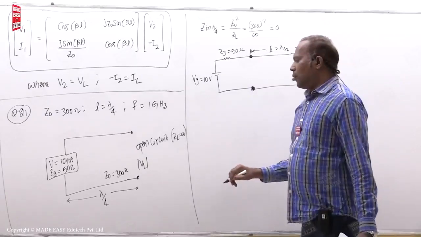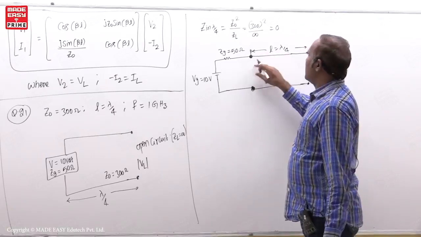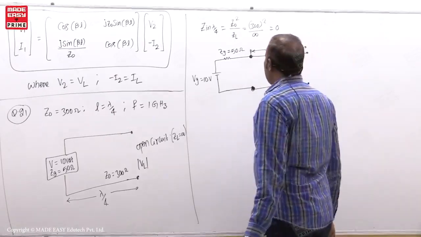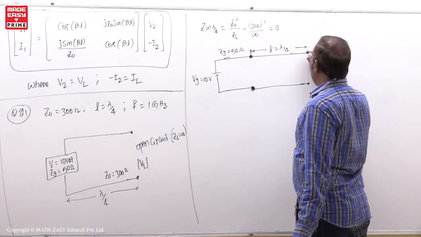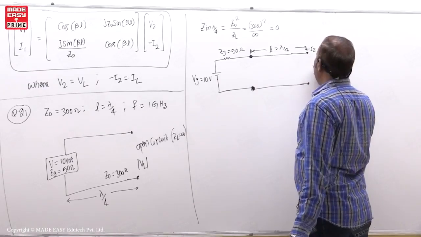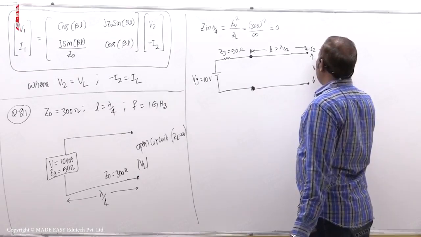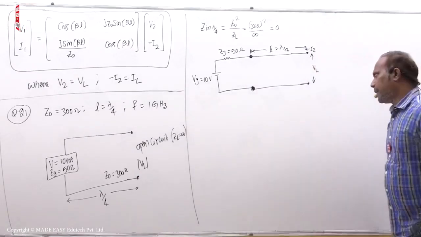Now what is the input impedance here of this 0? 0 means short circuit. So the input impedance is a short circuit. Now here you will have I2, and the load voltage is here, and minus I2 is nothing but IL.